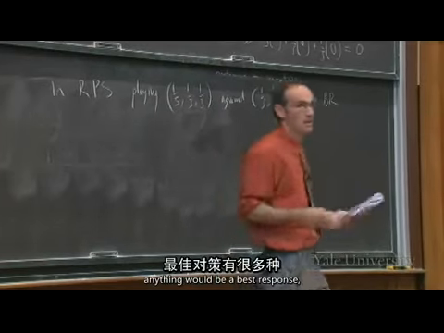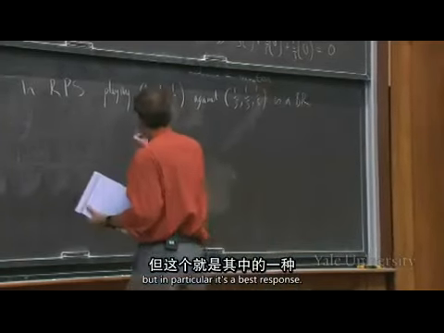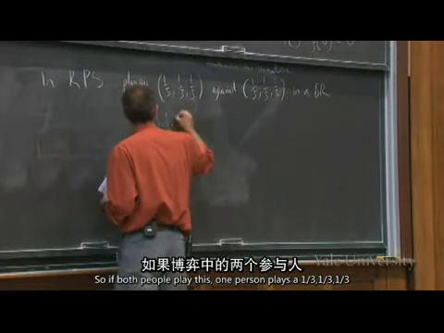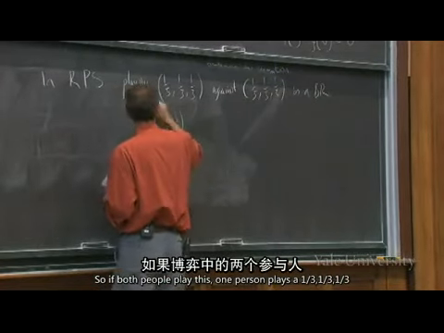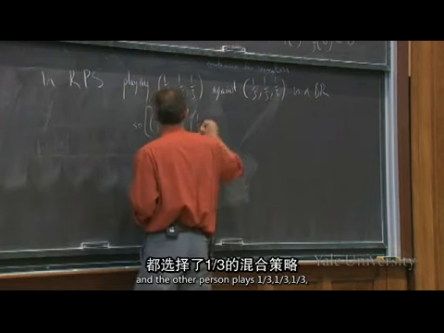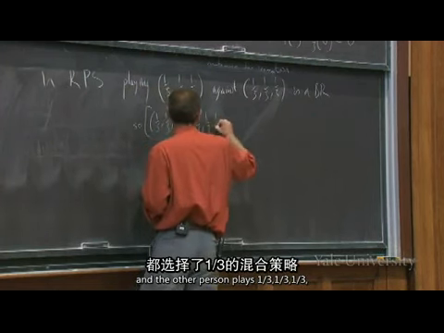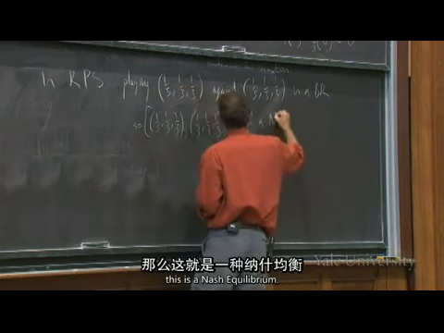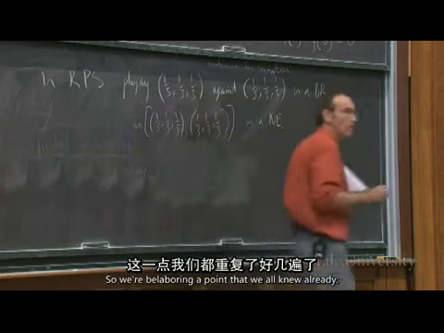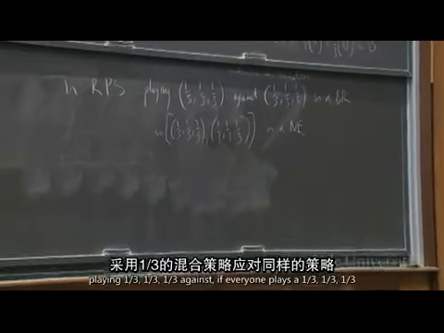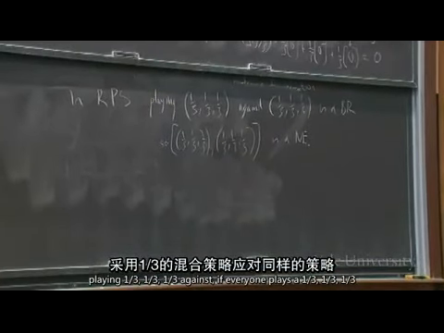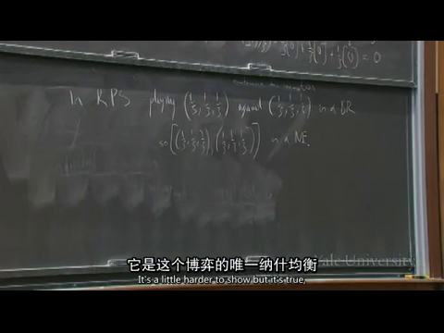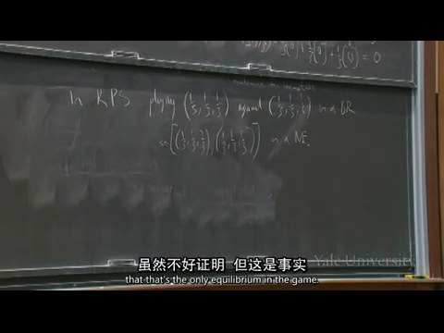In fact, anything would be a best response, but in particular, it's a best response. So, if both people play this, one person plays a third, a third, a third, and the other person plays a third, a third, a third, this is a Nash equilibrium. So we're belaboring a point that we all knew already. It's a little harder to show, but it's true that that's the only equilibrium in the game.